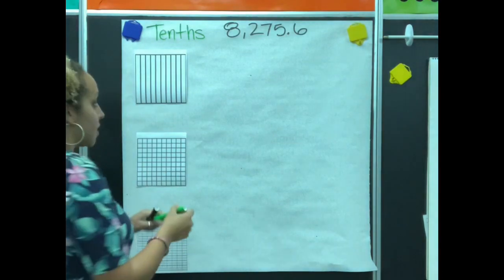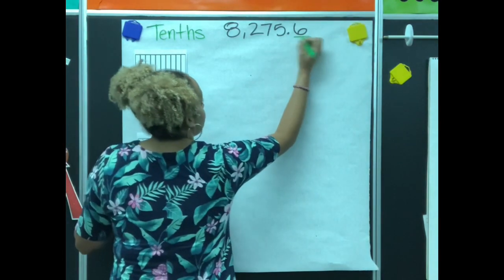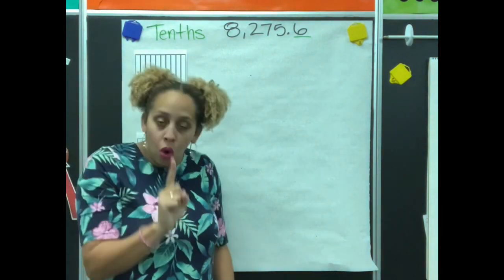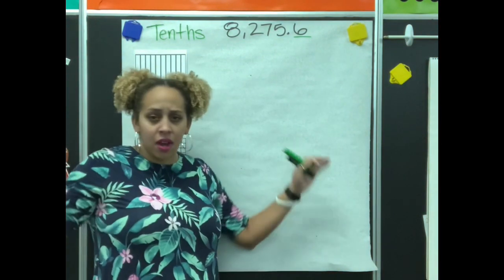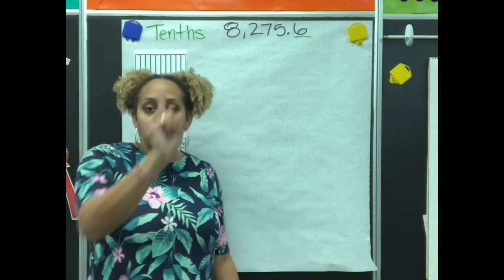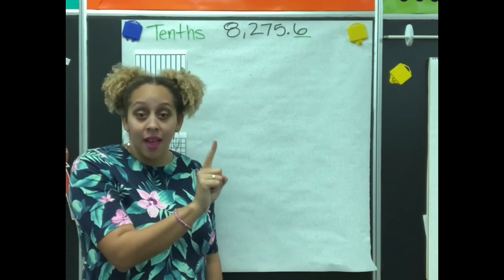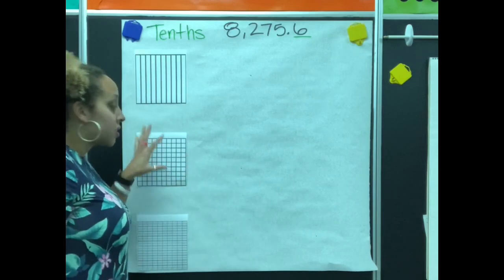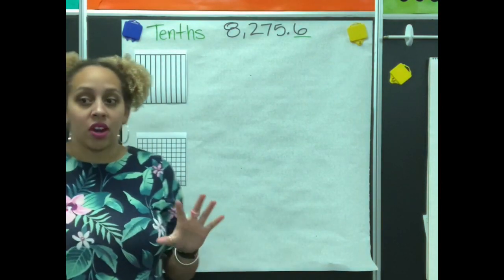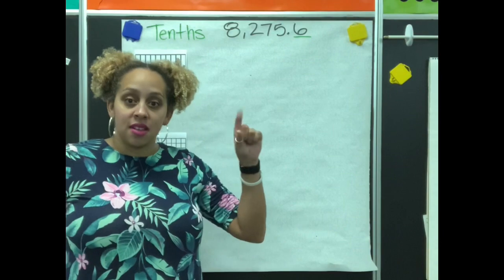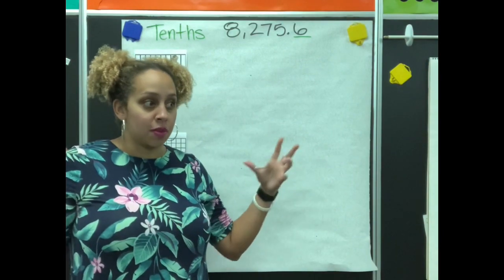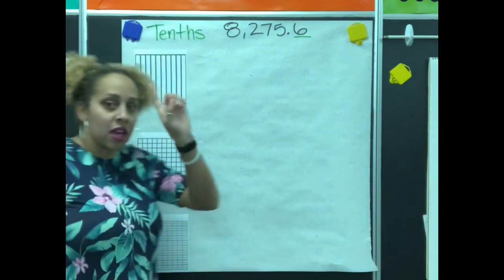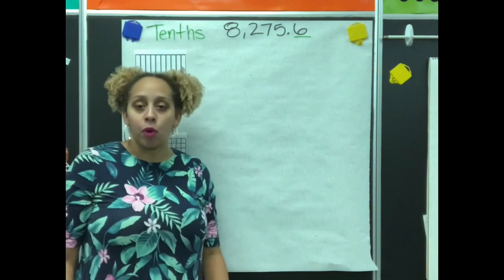What this means, this is the biggest part of it, is that we took one whole, just one, not 5, not 100, not 10, not a million, just one. So we had one, and we took that one and we split it into 10 pieces. So these look different than our ones, tens, hundreds, because those look three-dimensional because we're adding on. These are flat because we're taking one and we're splitting that one up.